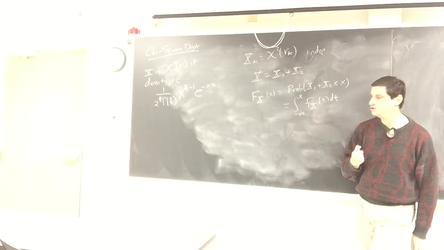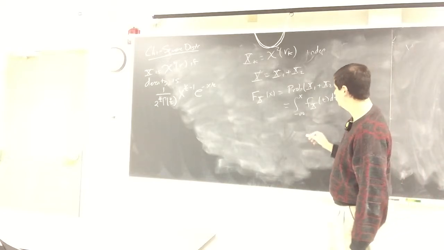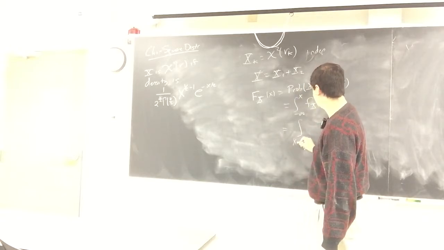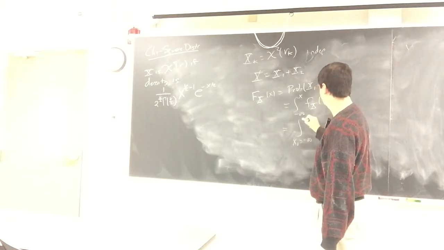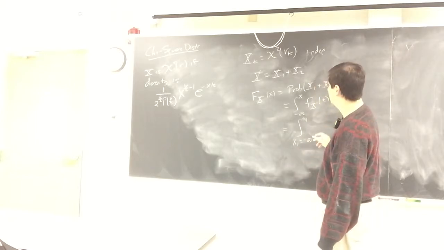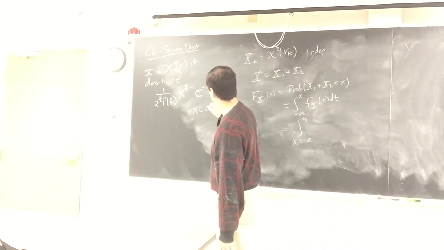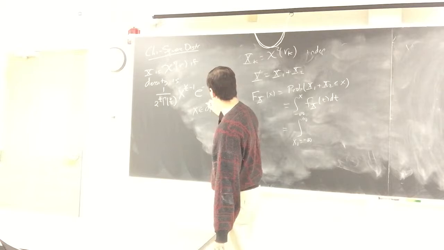All right, so how would we actually evaluate this? Well, we've got to be careful. Here, x is in 0 to infinity, so x is not allowed to be negative.